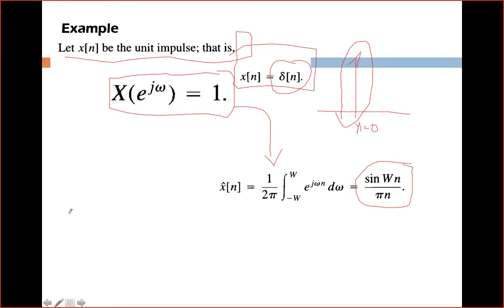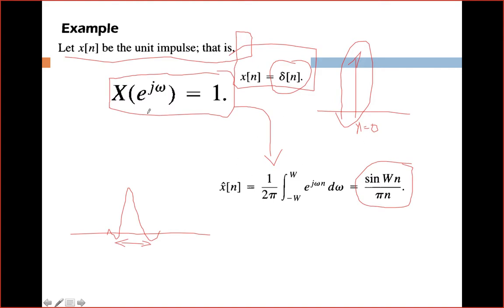Instead, when you zoom into these impulses, you will get a pulse something like this, very narrow, maybe nanoseconds or microseconds. And when you zoom into it, the signal looks like it is defined exactly at n is equal to 0.